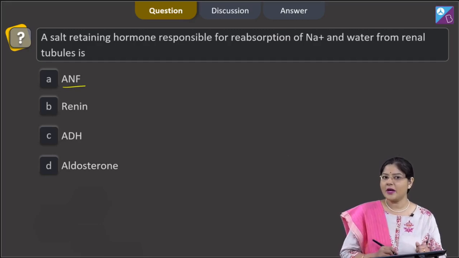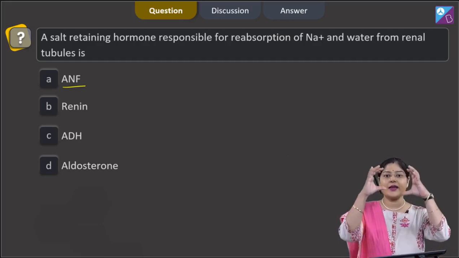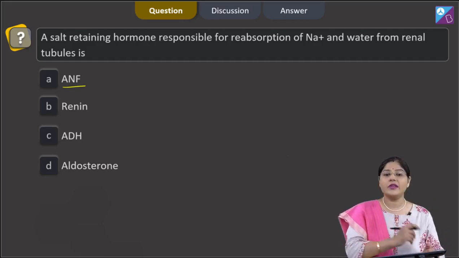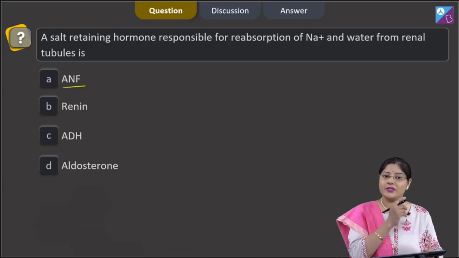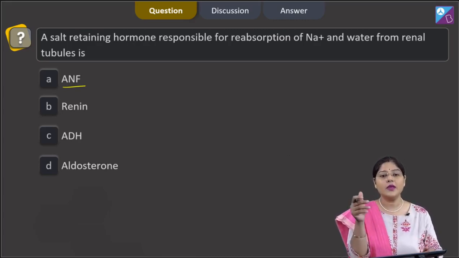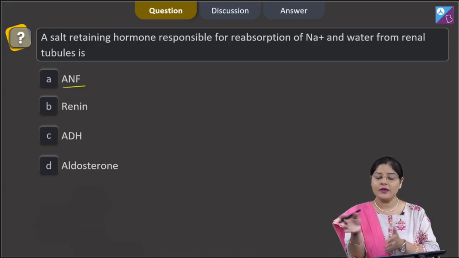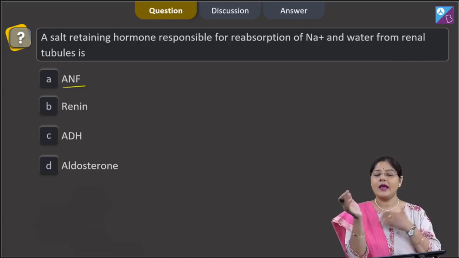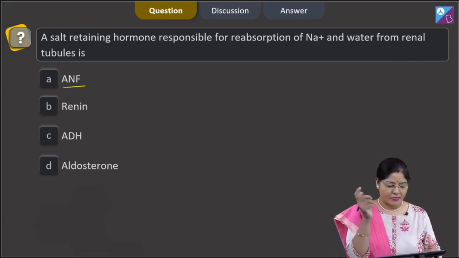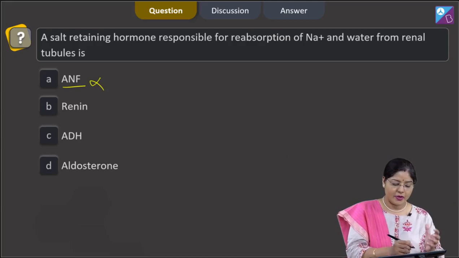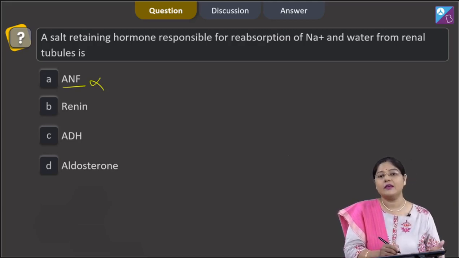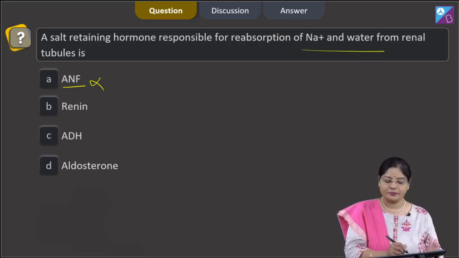It decreases blood pressure by causing vasodilation and by promoting natriuresis, that is passage of more sodium in the urine. When more sodium passes in the urine, then more water passes in the urine and promotes diuresis. This cannot be a correct answer because it is not retaining sodium and water.